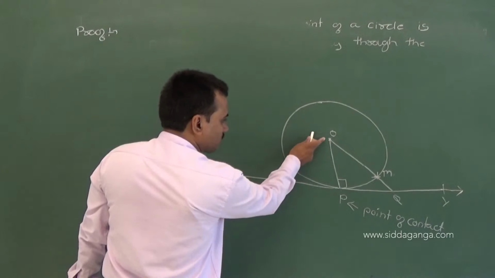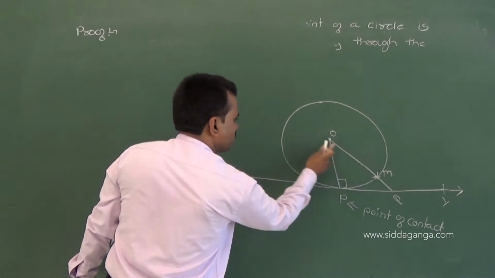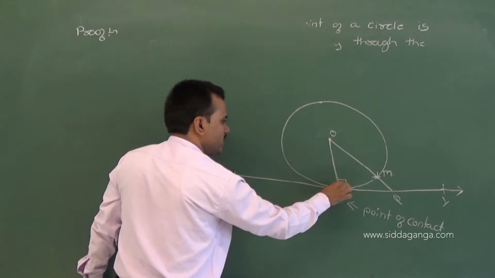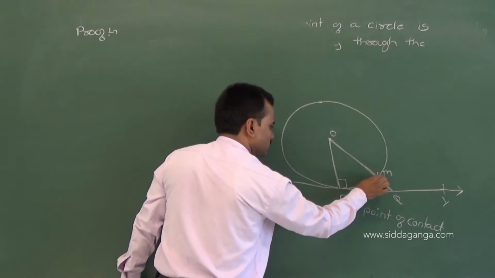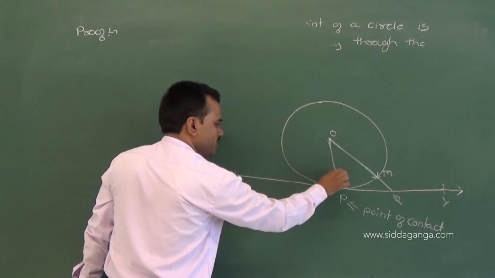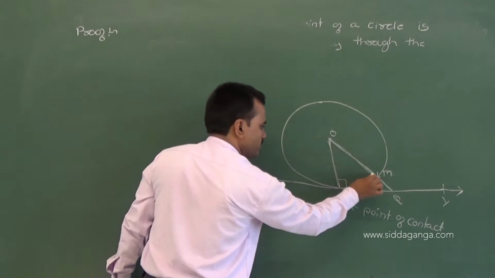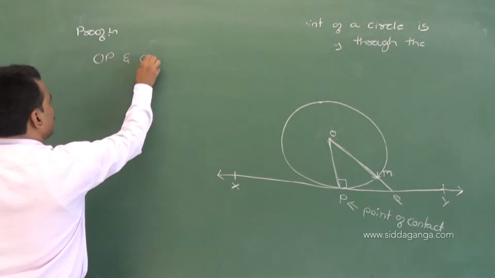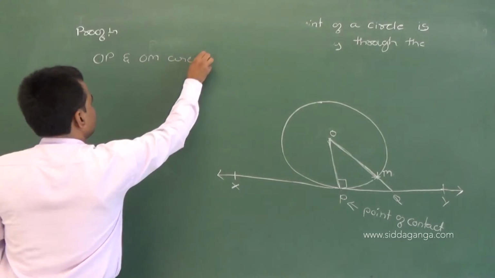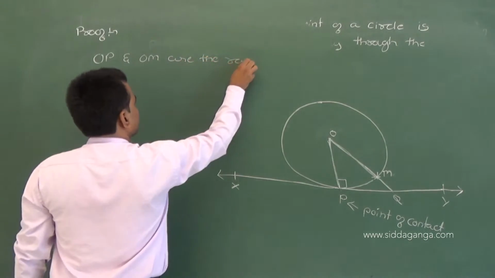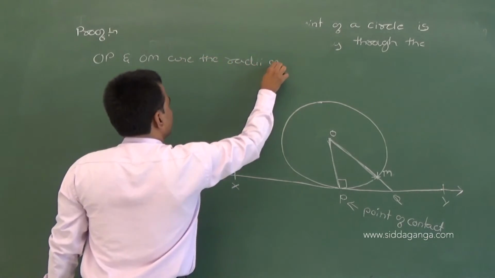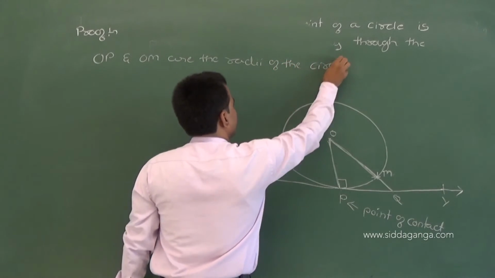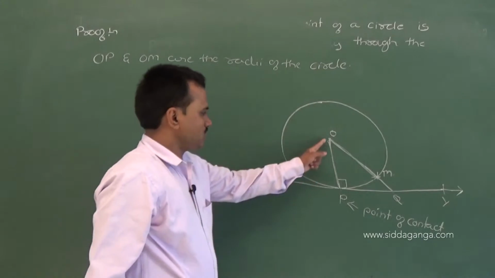Observe here, OM and OP are the radii of the circle, correct? Simple method we have to prove.